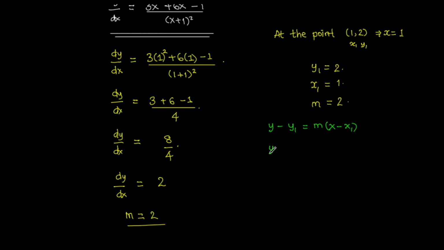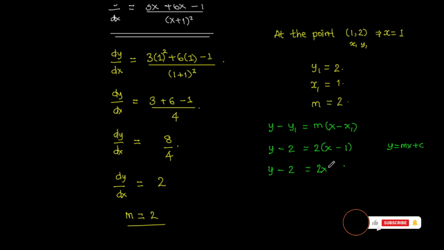So y minus y1, and our y1 is 2, m is also 2, and we have x minus x1, which is 1. Then let's simplify this equation to the standard form of a straight line, where it is in the form of y equals mx plus c, and c is the y-intercept. So we can go ahead and open this bracket. On the right hand side, we have 2 times x, here is 2x, and 2 times negative 1, we get negative 2.